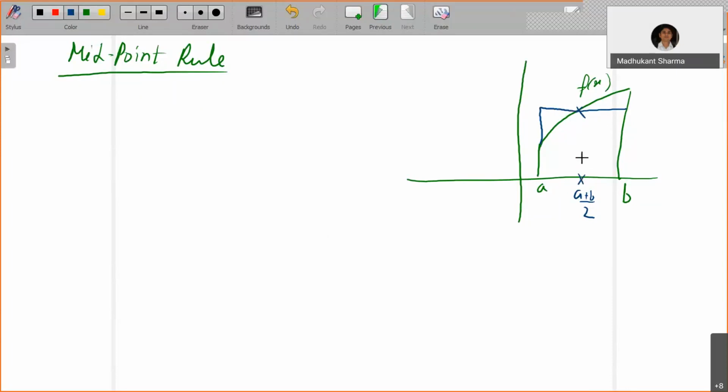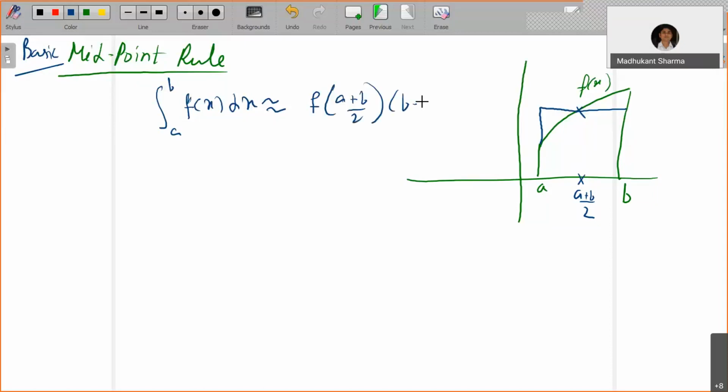Okay, so how will it help you? Whether it will remain the same or it will improve. This is the basic midpoint rule. So what it tells you is that integration a to b f of x dx is approximated by f of a plus b by 2 times b minus a, the area of the rectangle, and this will be the error.